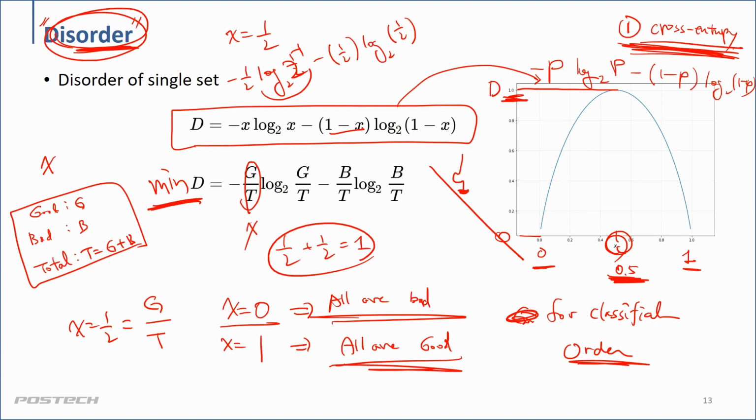That's why decision trees and logistic regression share the same concept. I want you to get some insight into the concept of disorder here. Go back to logistic regression and see why we have that loss function or objective function. All the concepts are related.